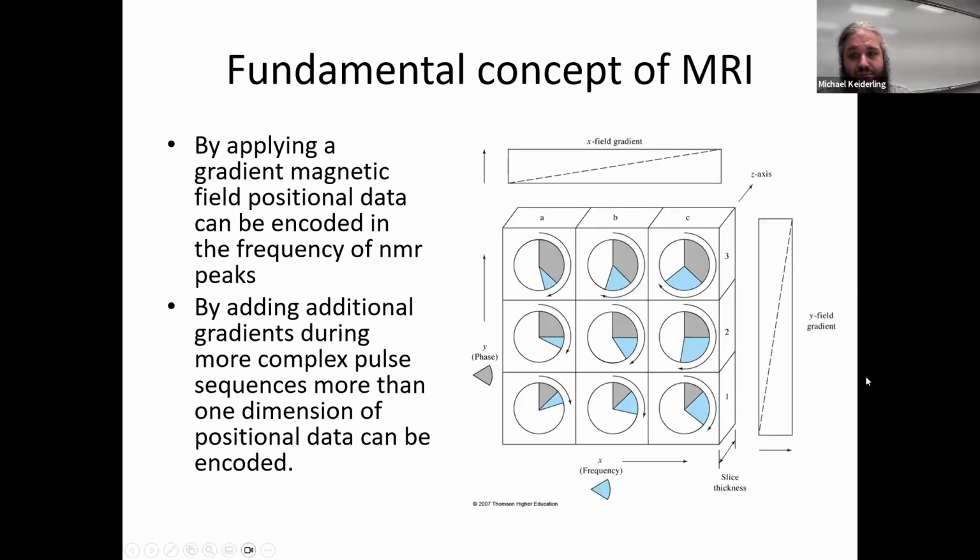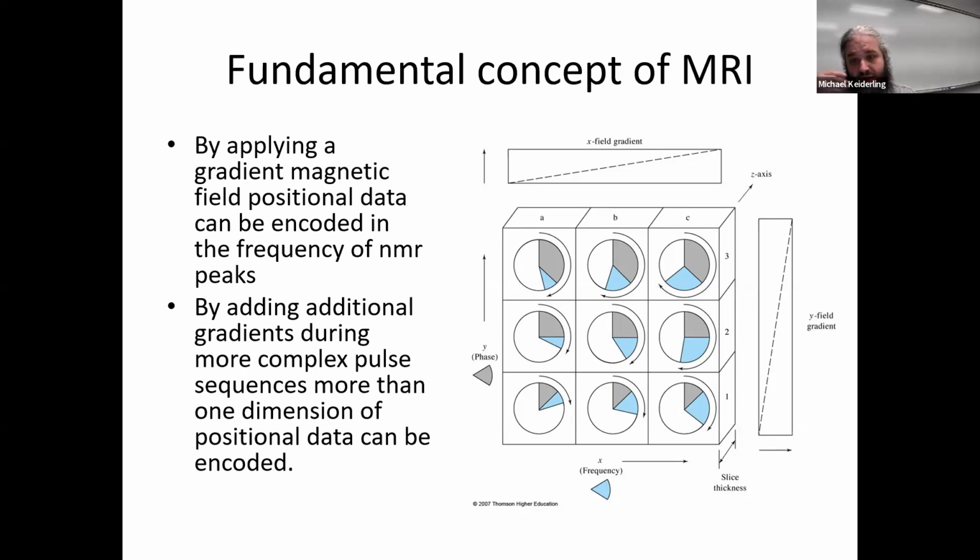So we could have a pulse that we use to set the phase, which gives us our information about, we had a Y gradient and a pulse during a certain amount of time with the Y gradient on. That sets our phase. And then our frequency is determined by our X field gradient. So the frequency gives us our X position and the phase gives us our Y position. And that encodes 2 dimensions of information in the frequency and the phase.